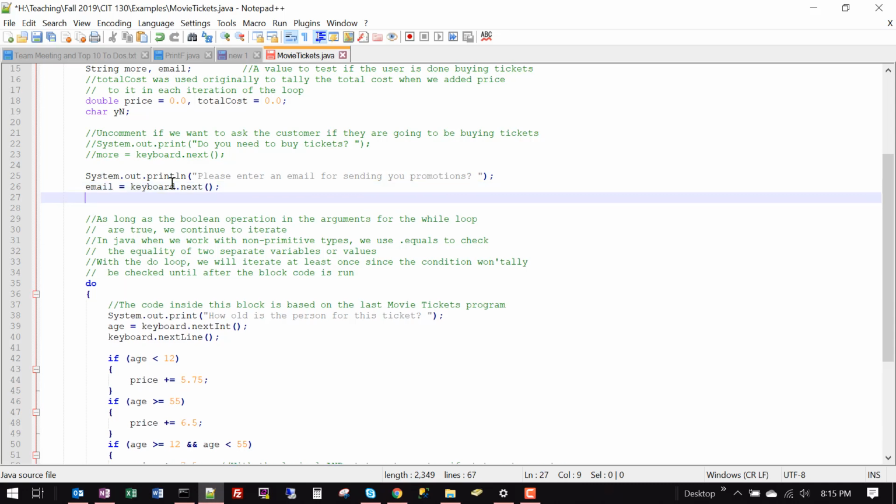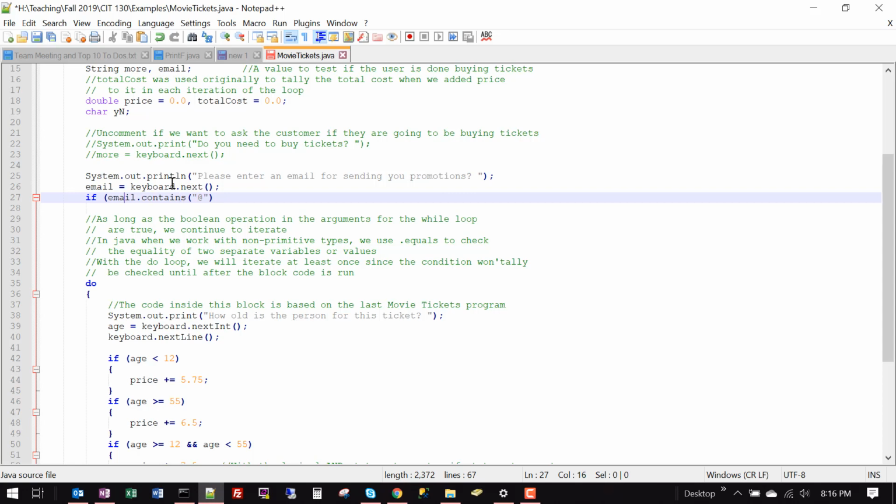And then what I can do is I can use a different method from strings on this here. So what I'm going to do is I'm going to say if email.contains("@"), and we'll talk about what that means in a minute.